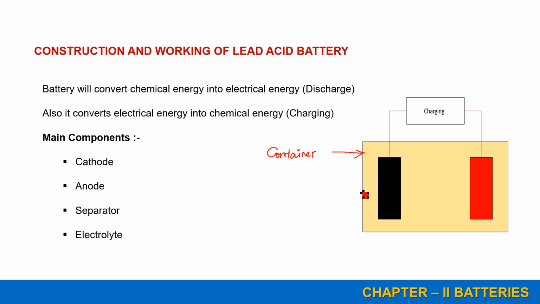Here the first thing is the cathode. Cathode indicates the negative terminal, and you also have the positive terminal. This is the positive terminal, that means this is the anode.